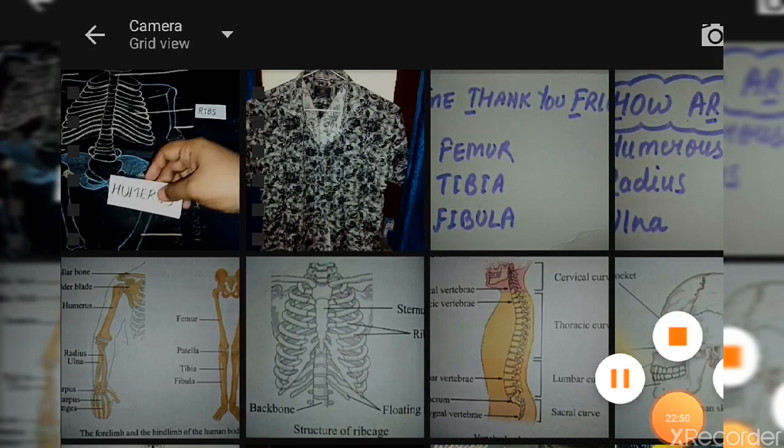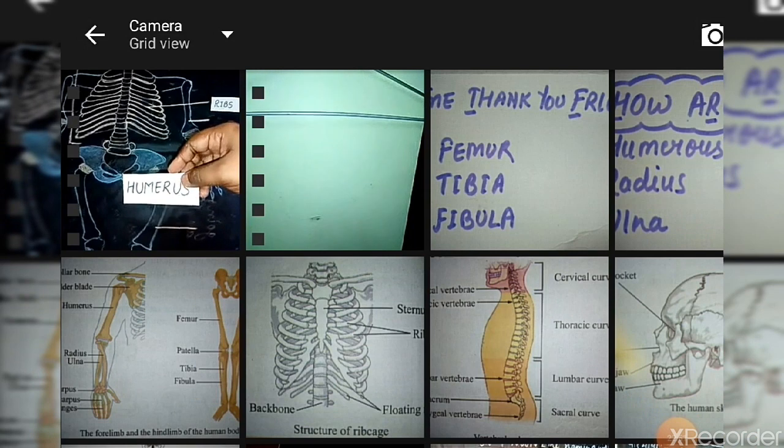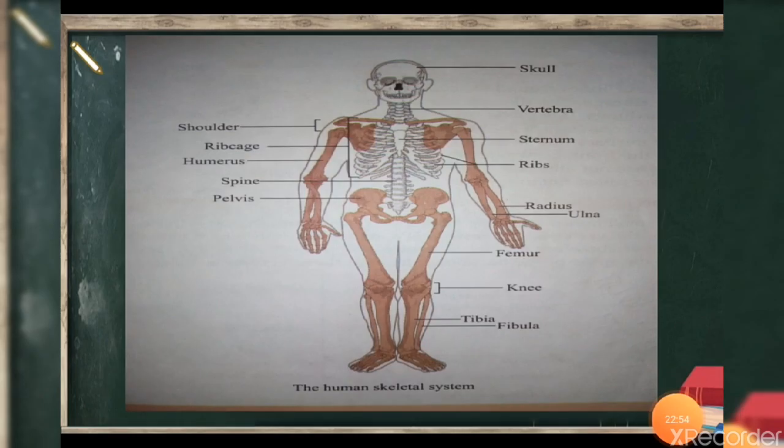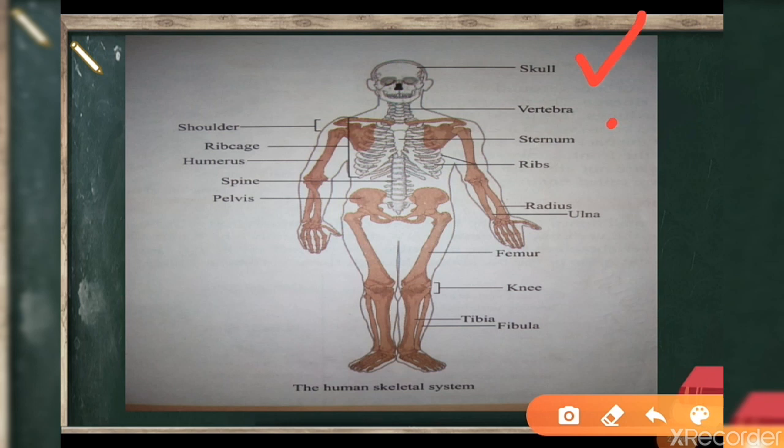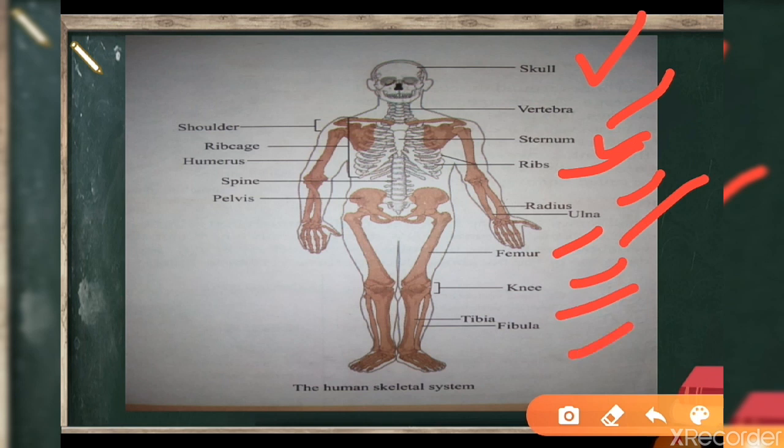Very good. So we have got all the names: skull, vertebrae, sternum, ribs, radius, ulna, femur. This is the knee, tibia, fibula. These are the shoulders, rib cage, humerus, spine, and pelvis.